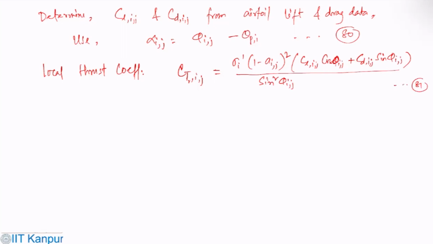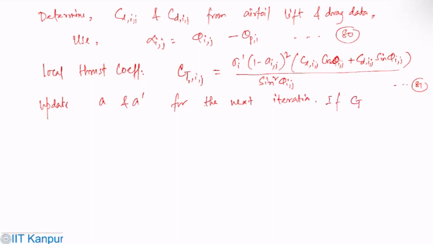So we can update a and a prime for the next iteration.